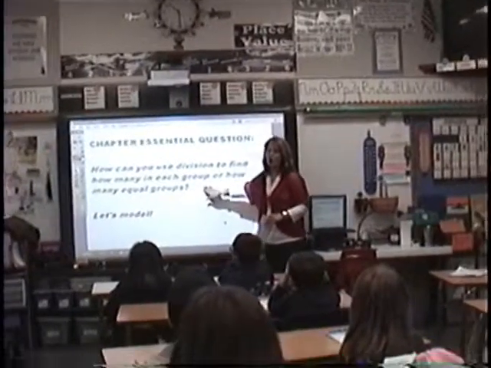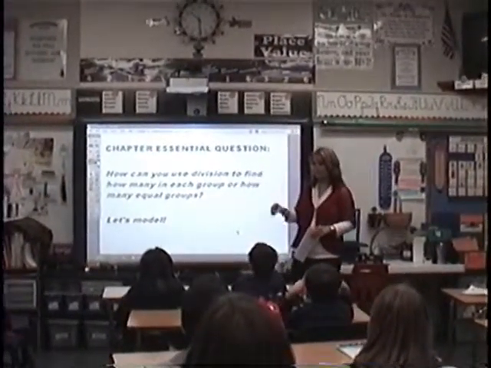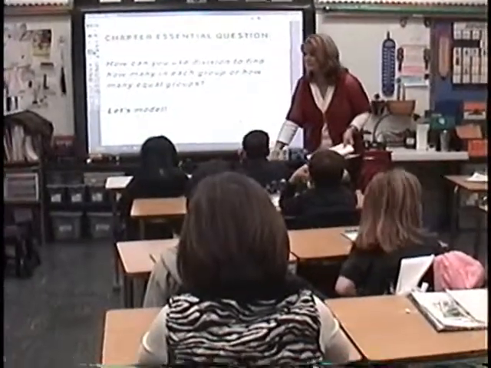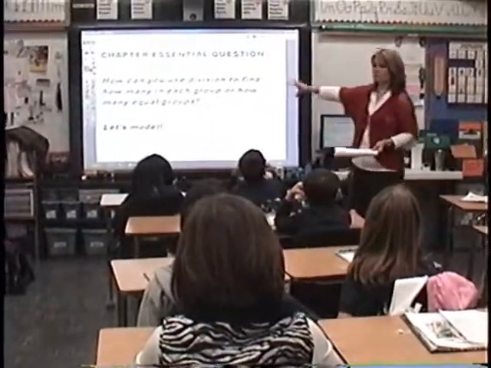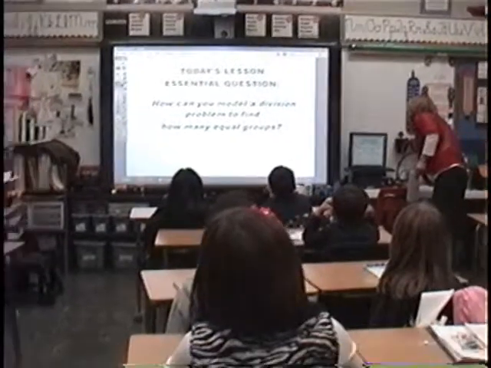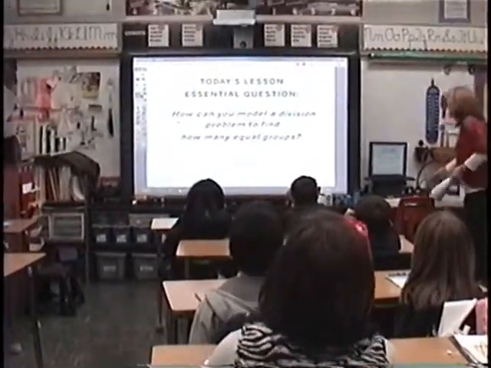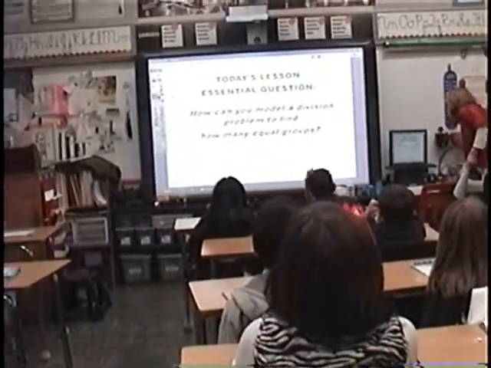Okay, so how many in each group or how many equal groups? So by the time we're finished with chapter 6, this is our goal. And in today's lesson, we're going to model how to divide a problem into how many equal groups.